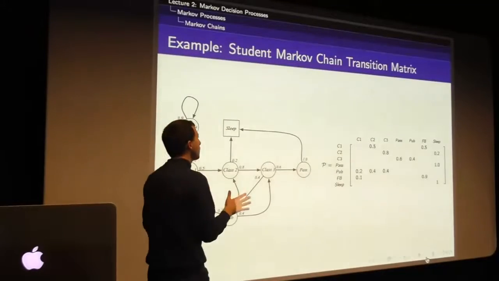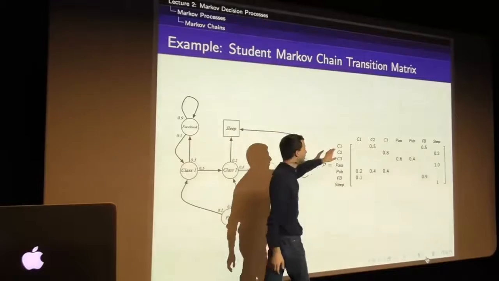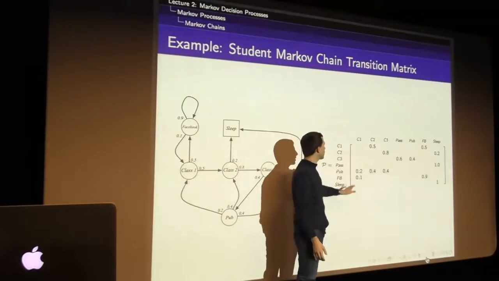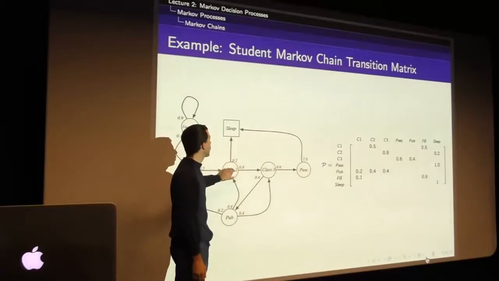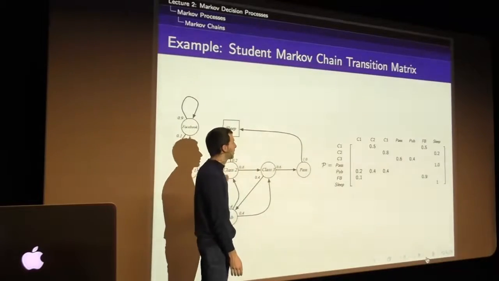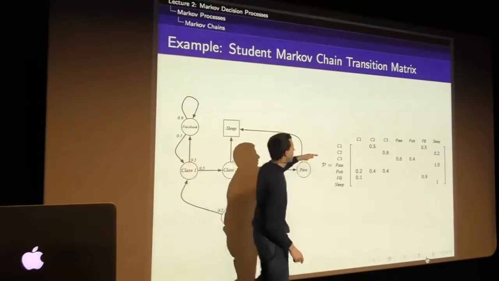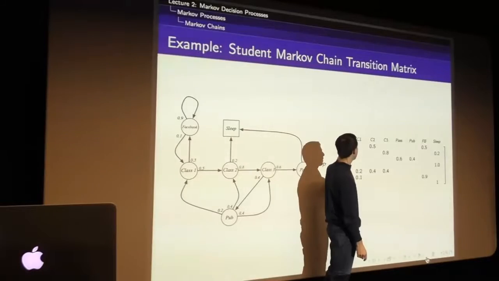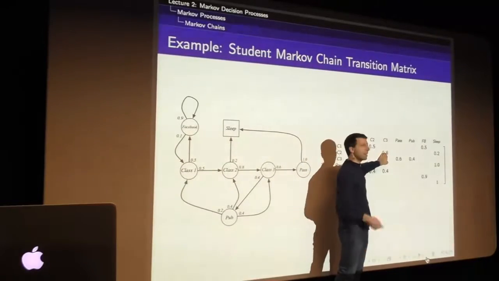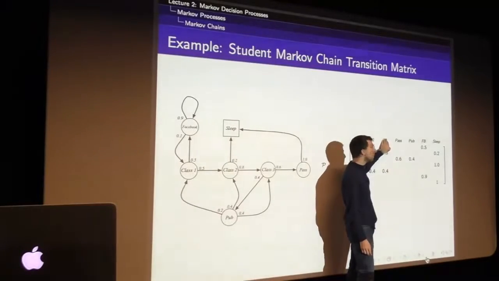Now we can look at the transition matrix for this problem. The transition matrix is fully described over here. It tells us, for any one of these states we might have been in, the probability of transitioning to any other state. For example, if we consider class 2 and look across this row of the transition matrix, there's a 0.8 probability, an 80% chance, of transitioning to class 3.